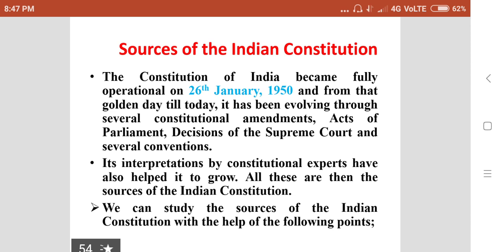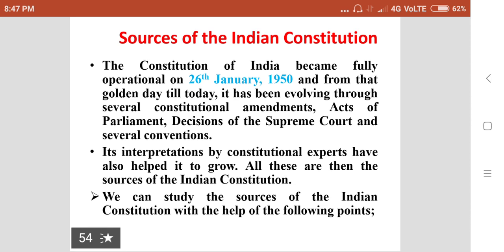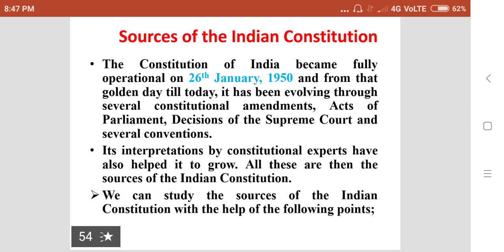So, to commemorate that day, the makers of the constitution and the entire council of ministers decided to practice the new constitution from 26th January. Therefore, they decided on 26th January.